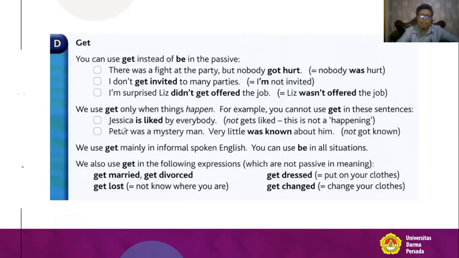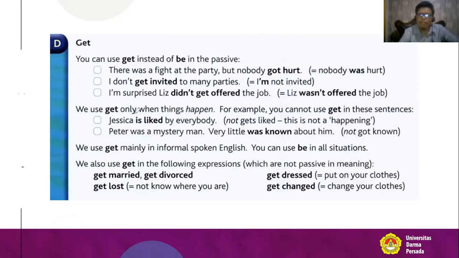Let's see another one. Peter was a mystery man. Very little was known about him. Was known about him. We don't say got known. So everybody, we cannot use get or got all the time, because it depends on the context of the sentence. We repeat again.